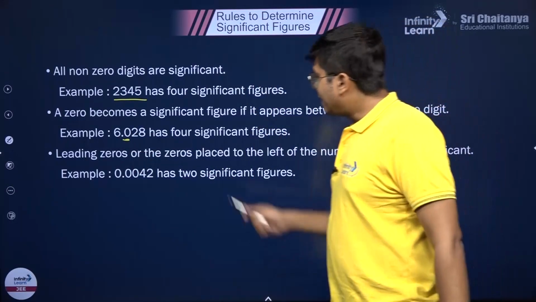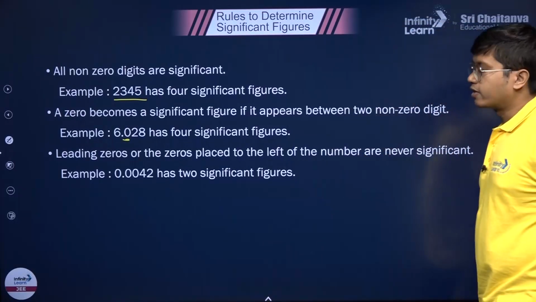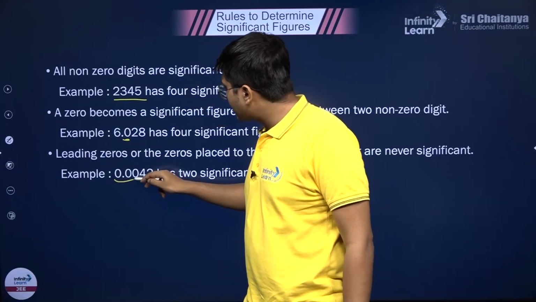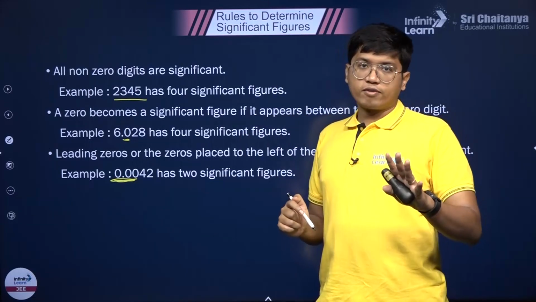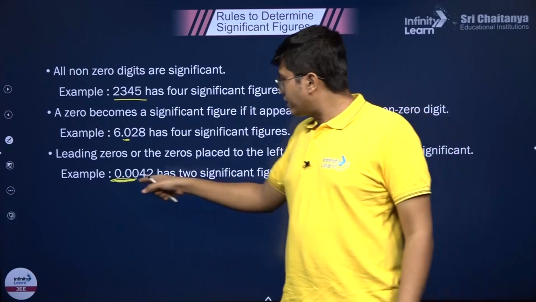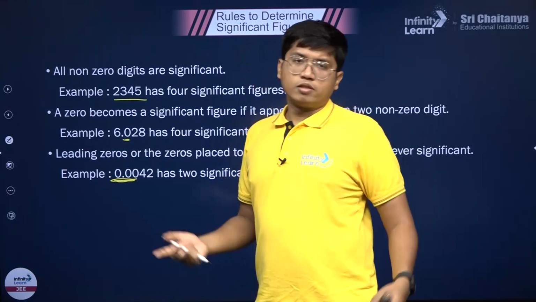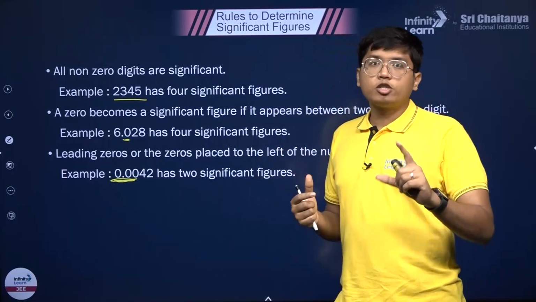Next one, leading zeros or the zeros placed to the left of a number are never significant. Now, over here you see in the leading zeros, these 3 zeros, they are not significant. Now you would say that here if I remove the zeros it would become 42. The number is changing. But it would become 42, but the 42 is actually what you need.